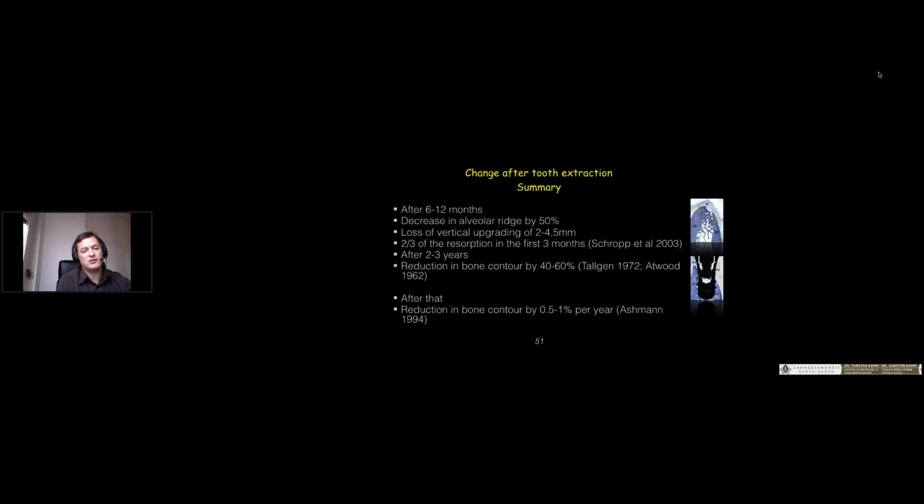There are so many examinations, by Schropp or other authors. If you extract teeth and put nothing inside, no implant or no augmentation materials, we're losing bone up to 50%. We're losing height of the bone up to 4.5 millimeters. And this is the reason for me to change my way, putting in immediate implantation to stabilize the bone and the soft tissue.